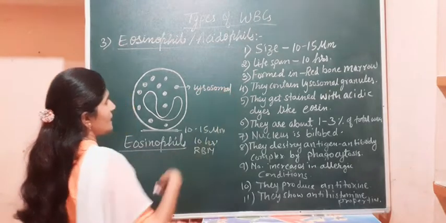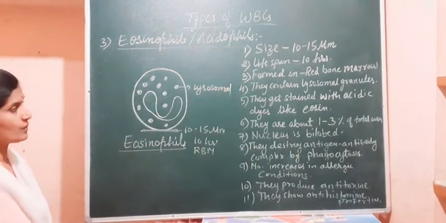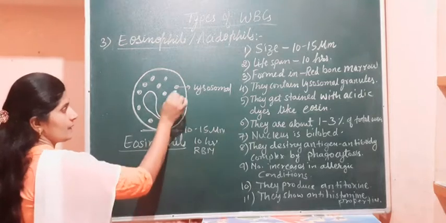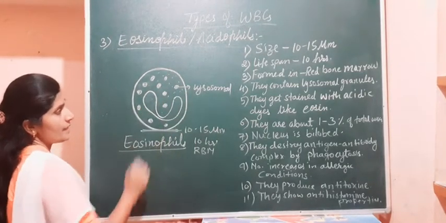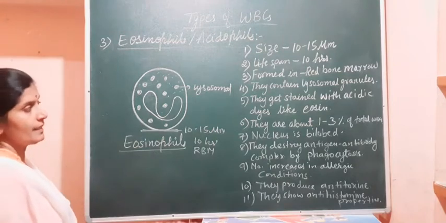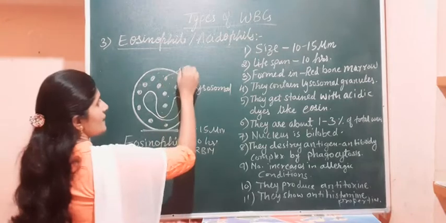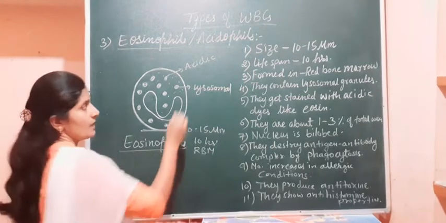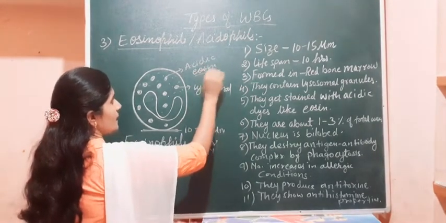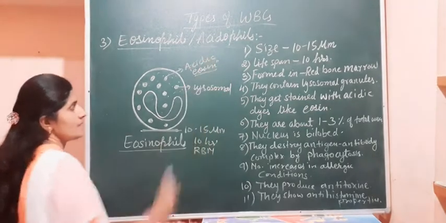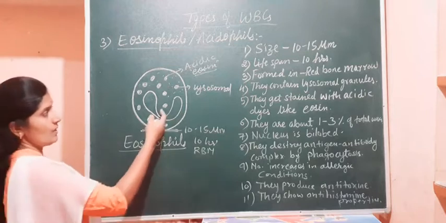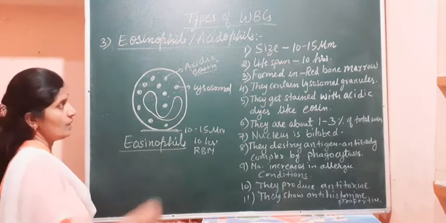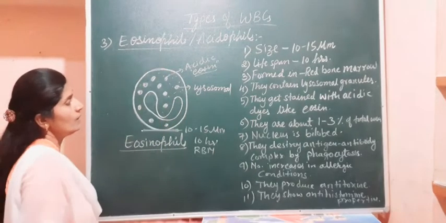The granules get stained with acidic dyes. Which dyes? Acidic dyes. For example, eosin. Eosin is an acidic dye. When you use eosin on these cells, they get stained with it, so they are called acidophils or eosinophils.